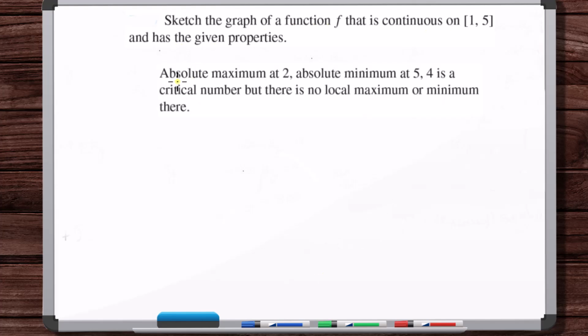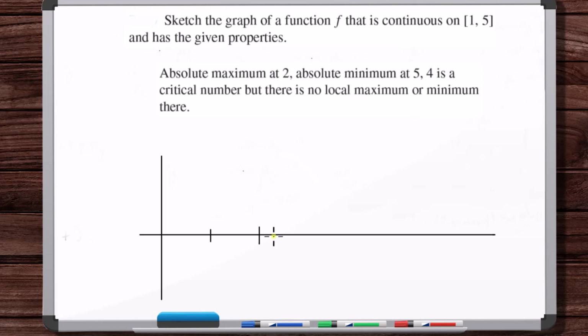All right, same problem, but now we want to have an absolute max at 2, absolute min at 5. 4 is a critical number, but there is no local max or minimum there. So 1, 2, 3, 4, 5. Okay. So absolute max at 2.